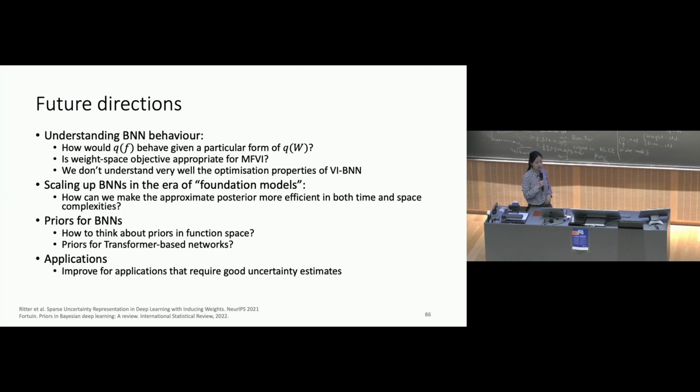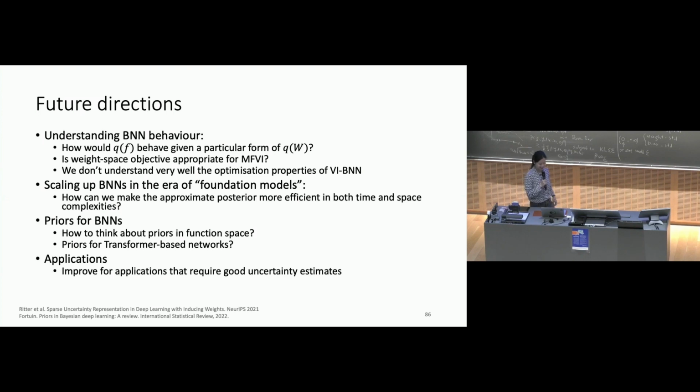If you choose a different architecture, the behavior in function space will be different, especially if you have some inductive bias in your architecture, like a ConvNet with its local convolution structure. Then you will have an interesting prior in function space. But how to think about priors for transformer-based networks would be an interesting question, because it has been shown that transformers have less inductive bias compared to methods like ConvNets.